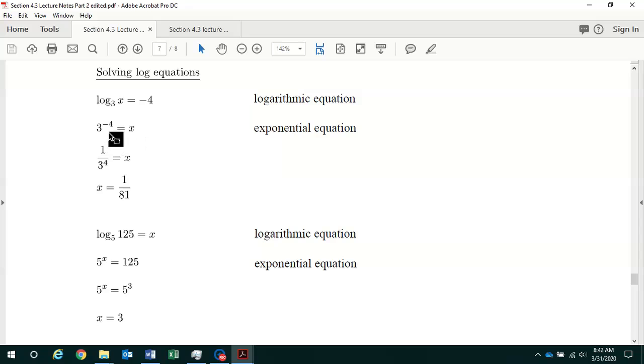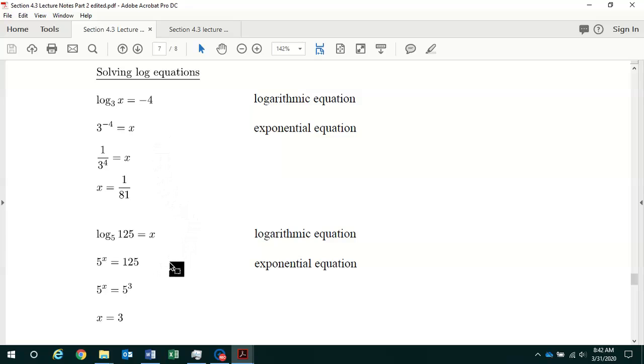Well, 3 to the -4th power is the same as 1 over 3 to the 4th power, and 3 to the 4th power is equal to 81. So x is equal to 1/81. So 1/81 is the value of x that makes the left-hand side equal to -4. Log base 3 of 1/81 is equal to -4.